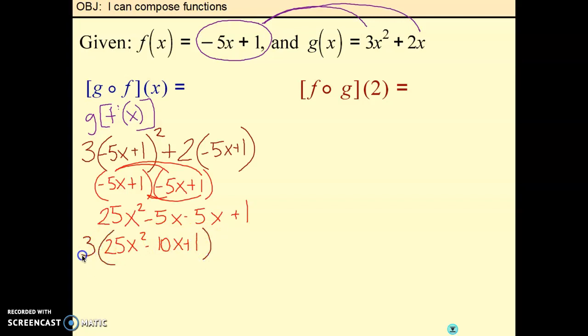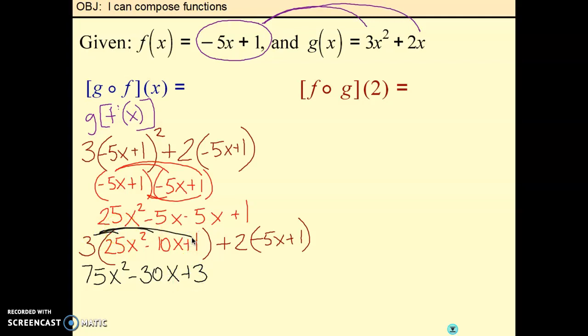Now I still have to distribute the 3 and distribute the 2 to this quantity, and then we'll combine our like terms. So that gave us 75x squared minus 30x plus 3 when you distribute. Boom, boom, boom. And then distribute again, so negative 2x plus 10x, plus 2.